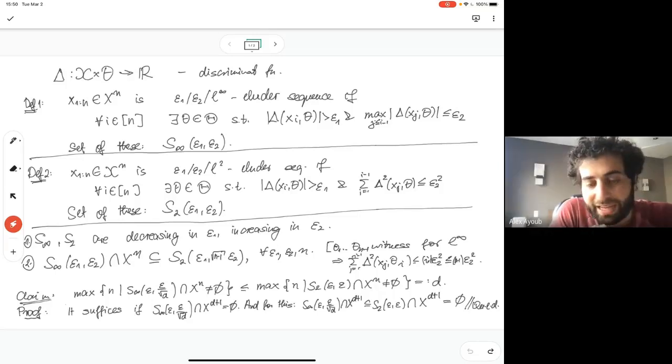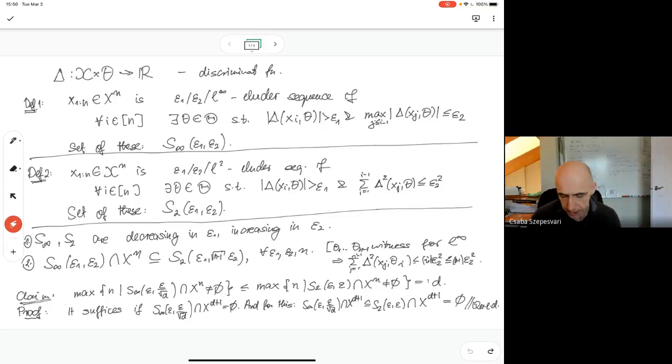Yeah, it just says that if θ1 to θm-1 are witnessing that this specific x1 to xn sequence is an Euler sequence. So for every i, there is a theta; you can call it theta i, and then you would have a witness sequence of thetas.